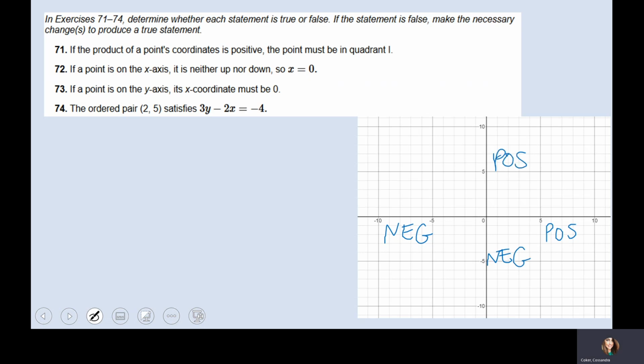So think about if you took any pair of coordinates and multiplied them. Well, if I take a negative and a negative, I'm going to get a positive too. So I can be either in quadrant 1 or in quadrant 3. So number 71 is false, and that's why: you can be in either quadrant 1 or quadrant 3.